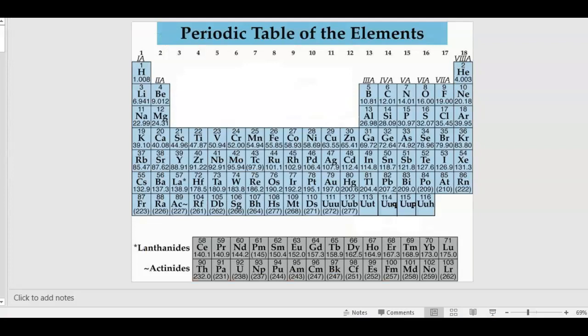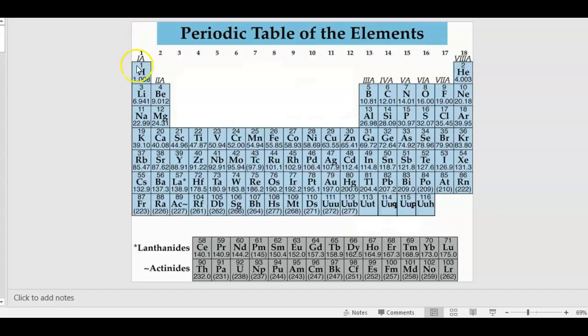So on your periodic table, there are some things you have to remember to sort of understand this lesson properly. So one is that the periodic table is called the periodic table of elements. So everything that we're looking at here is a pure substance. Now, if you're looking at your periodic table, you got to remember it's divided into periods and columns, or rows and columns.